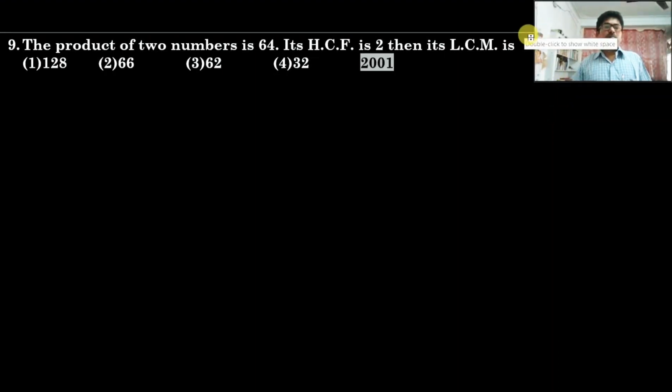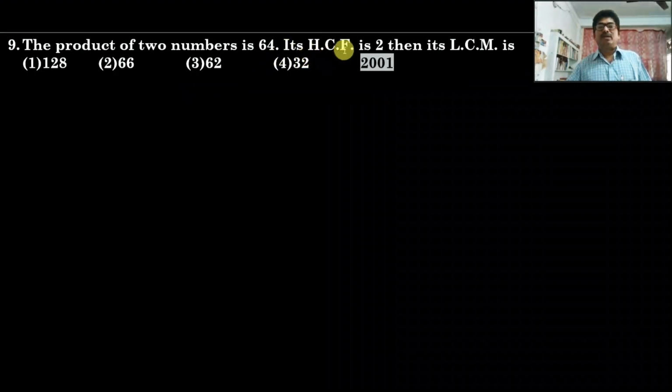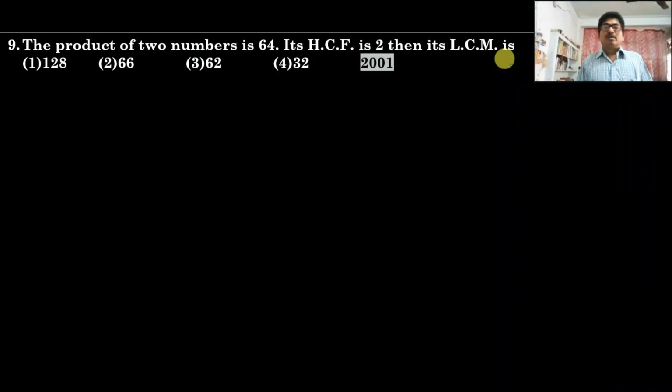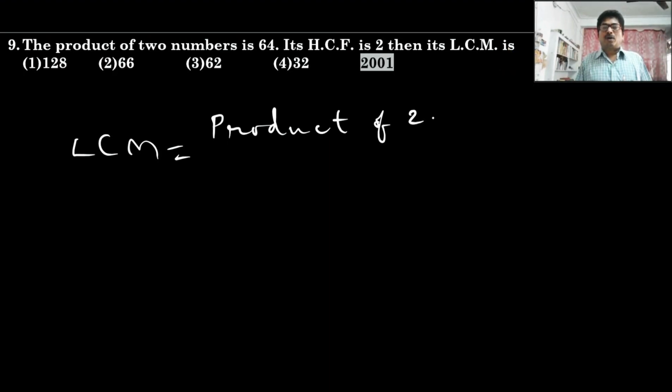Ninth question. The product of two numbers is 64. Its HCF is 2. Then its LCM is, LCM is equal to the product of two numbers by HCF.